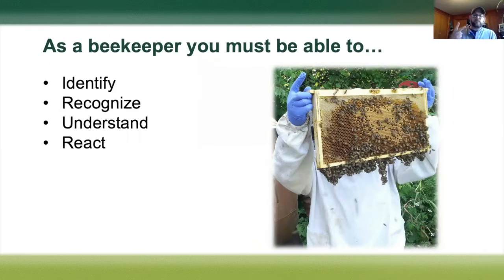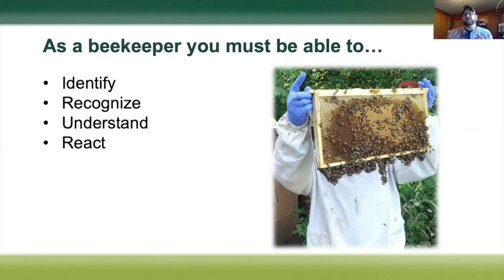You need to recognize individuals in the hive and the patterns and the needs of the hive. You also need to understand what you're looking at, what you're seeing, and what that means in terms of the colony as an overall colony. And then lastly, you've got to be able to react to issues with the appropriate measures to ensure that you have a good, stable colony that is in good health all season long.